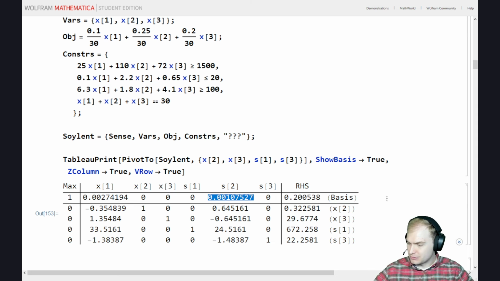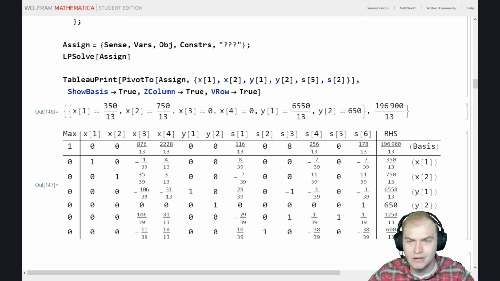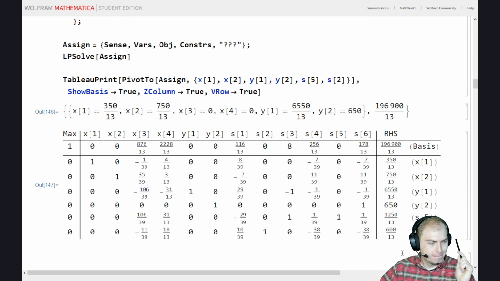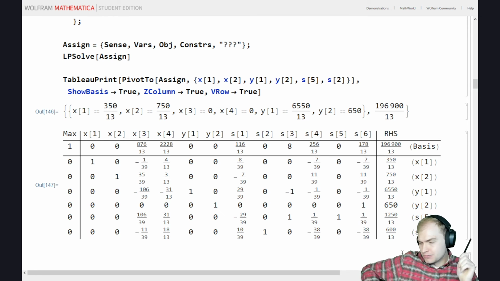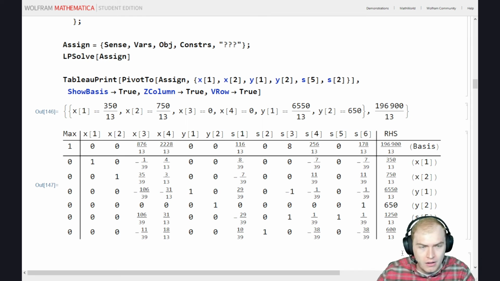The book has a good explanation of what the shadow price means for a production type problem. If you're producing chairs, actually, let me just go down and show that example already. This is the optimal tableau for the assignment problem that shows up in section 1.2, I think. It's a gross tableau, lots of fractions.